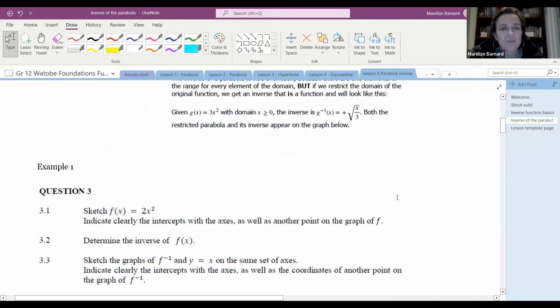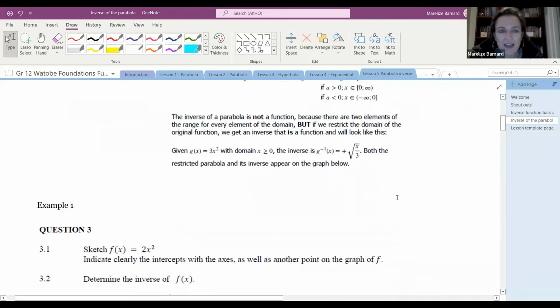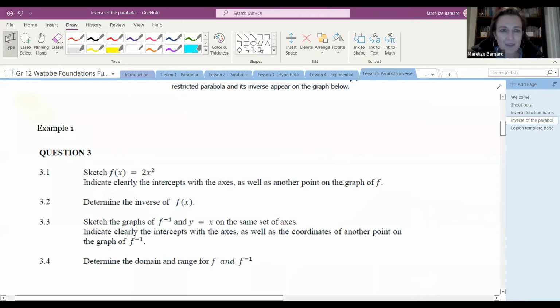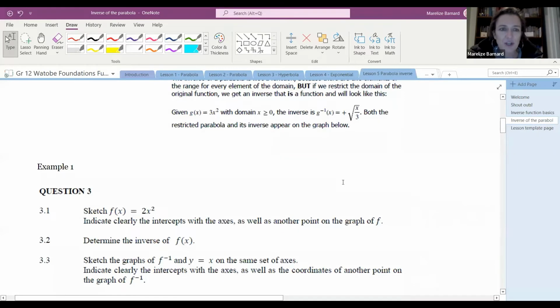So let's start off. And I hope you all have your pen, paper, pencils ready with your calculator. And we're going to go nice and slow and just do the first question for me. Sketch f of x is 2x squared. Okay, just sketch that on your page.